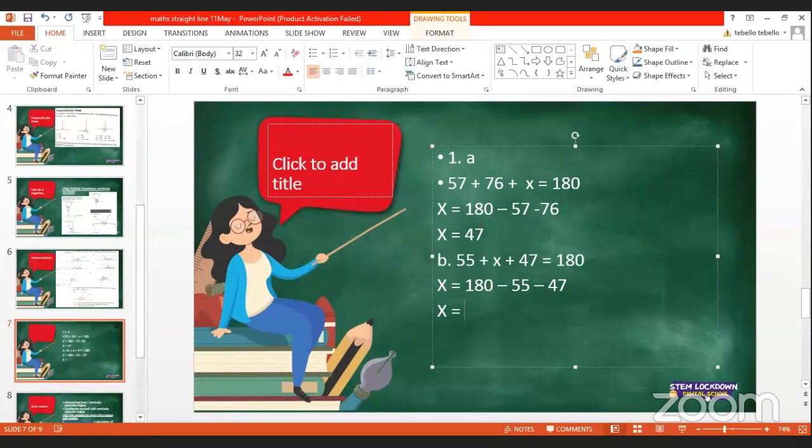Our answer for number B is 78. Okay, so our answer for number C is 60 degrees.